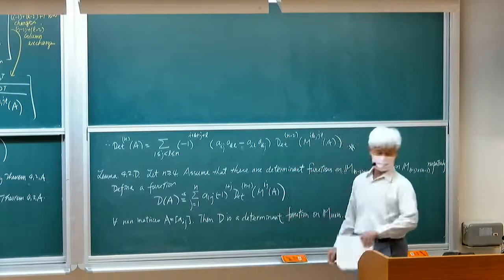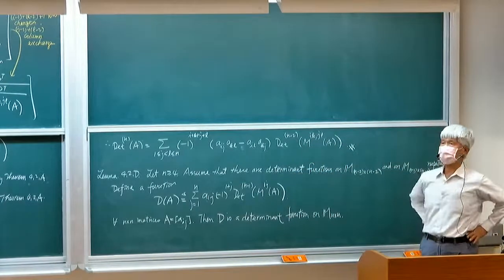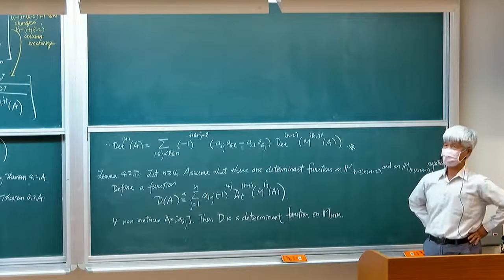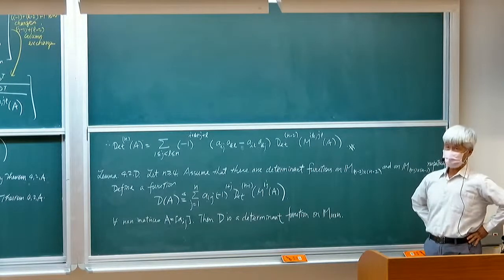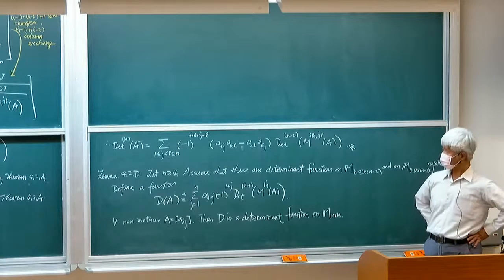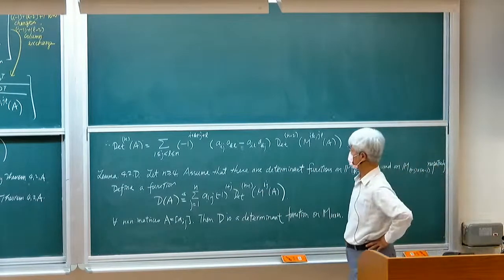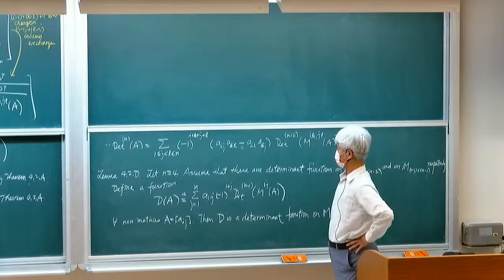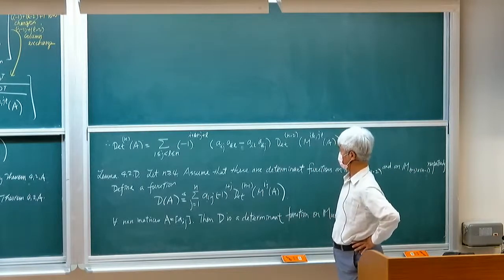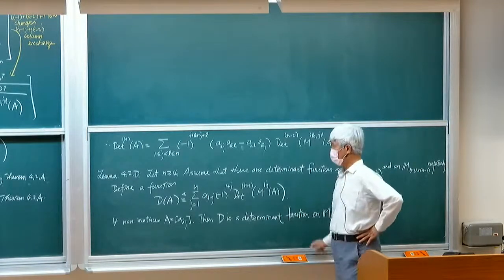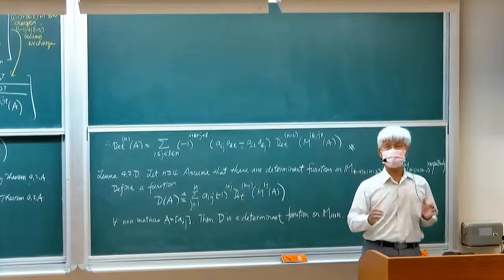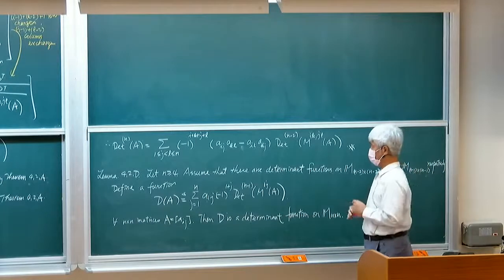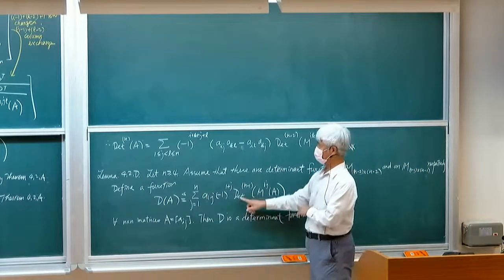Okay? So it's a crucial step for us to prove the existence and uniqueness of the determinant function. Okay. Right. So this definition is using cofactor expansion by row 1, right?